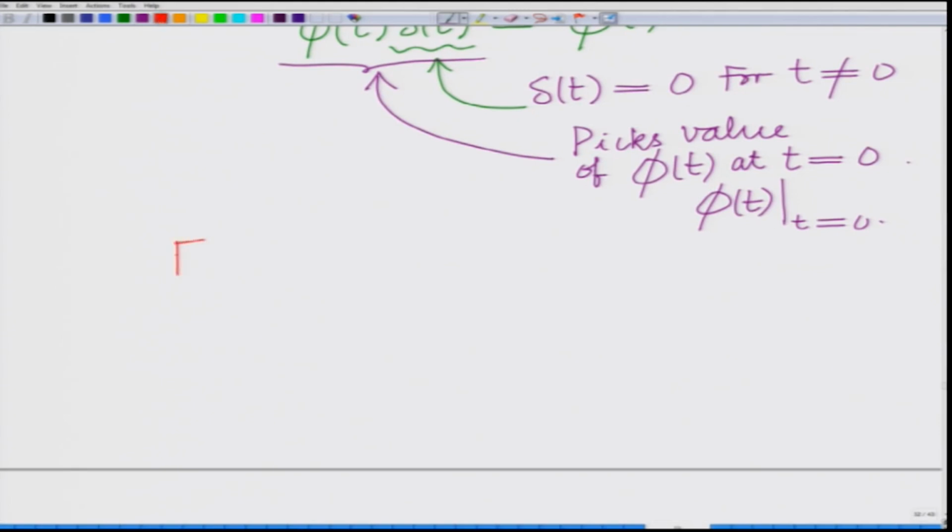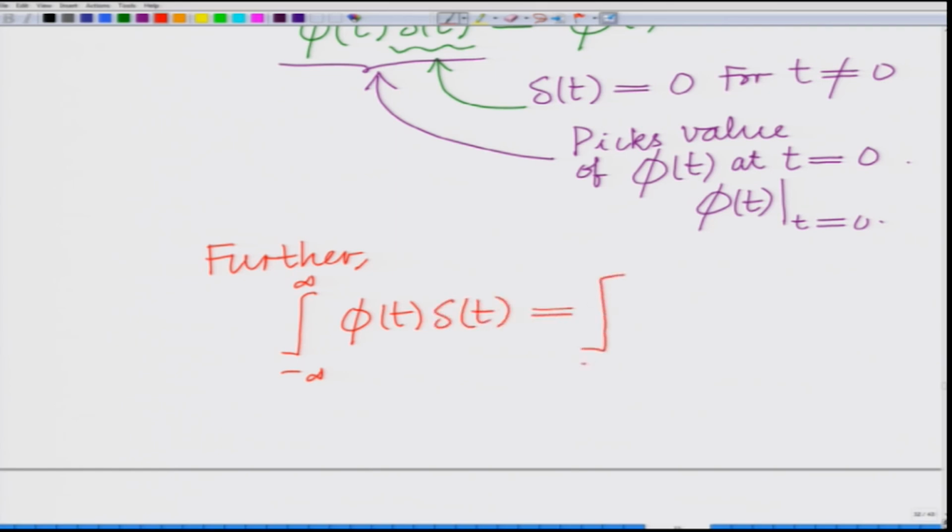Further, the integral from minus infinity to infinity of phi of t delta t, by the above property, is the integral of phi of 0 delta t dt. Phi of 0 is constant, so it comes out of the integral.